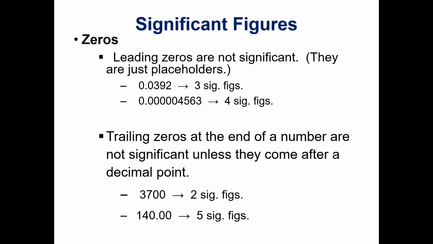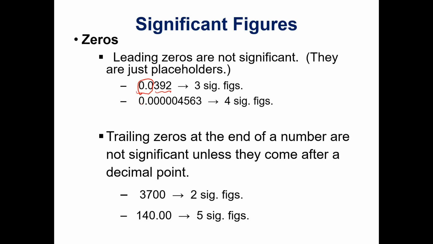They're just placeholders to show us where the non-zero numbers actually start. So for example, 0.00392, these zeros here at the front are not significant because they're just placeholders. So only the 3, 9, and 2 are considered significant. So we have 3 significant figures in this number.